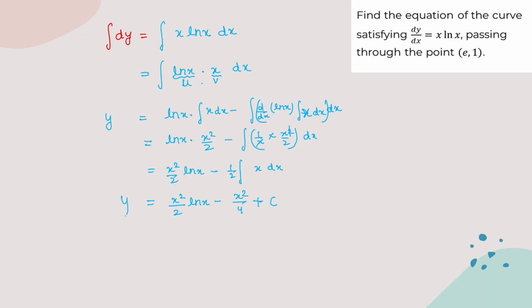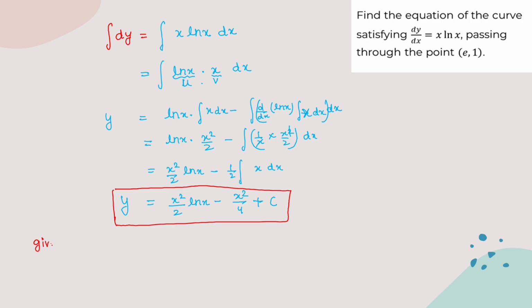Don't forget this c, because the whole question depends on this c. Now this is the general equation we have got, but they are asking for the particular solution. Particular solution means they are giving you the boundary condition as well. So since the boundary condition has been given, now you will put the value of x and y in this and get the value of c.